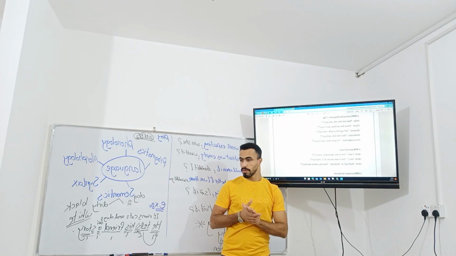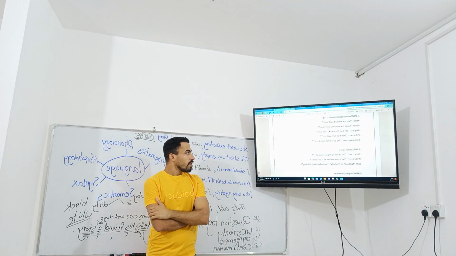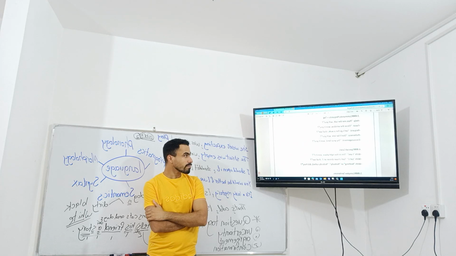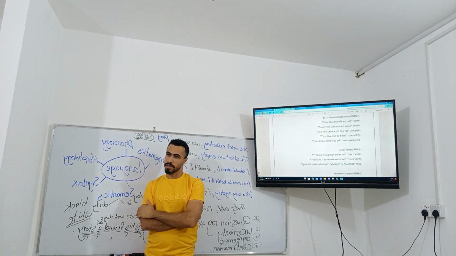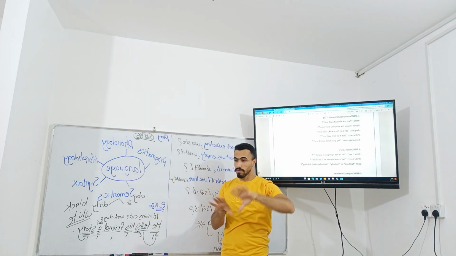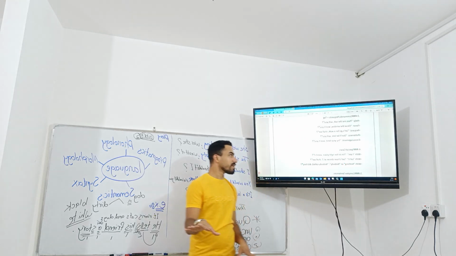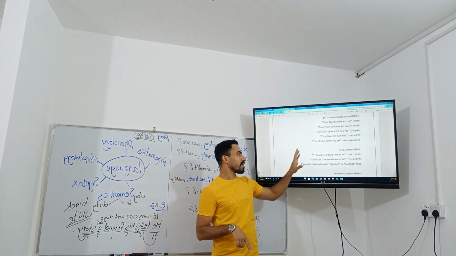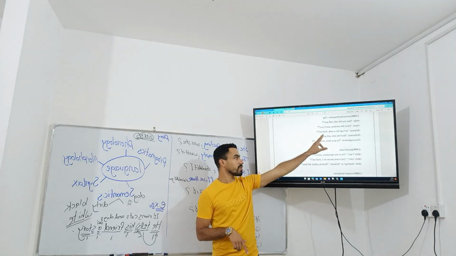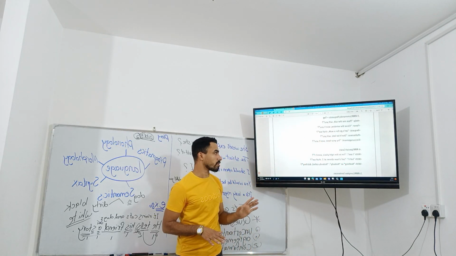Maybe because we use "shall" with "we" and "I," and "will" with other subjects. Nowadays we use "will" with all of them, but before we used "shall" with "I" and "we." I'm not completely sure.